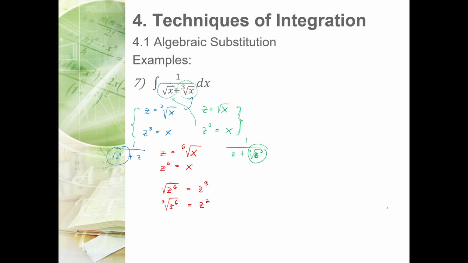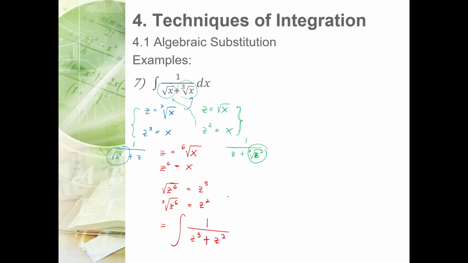In the red one, since we let z be equal to the 6th root of x, we eliminate the terms in the denominator. What it looks like now is 1 all over z cubed plus z squared, di ba?